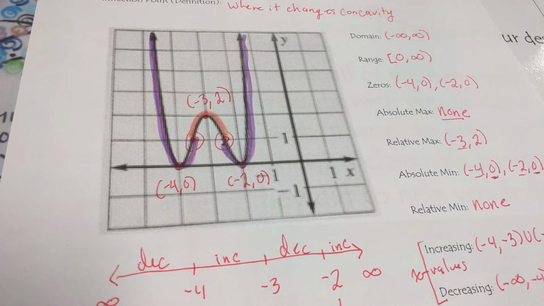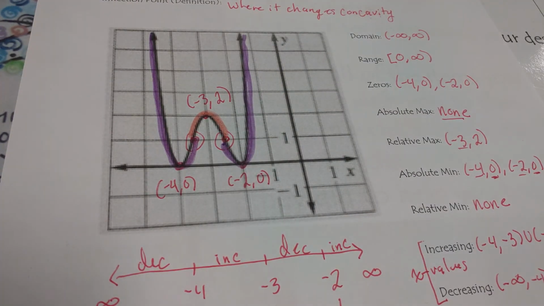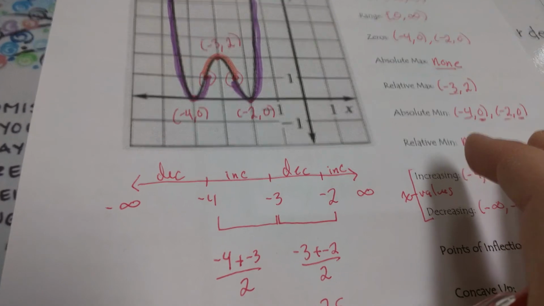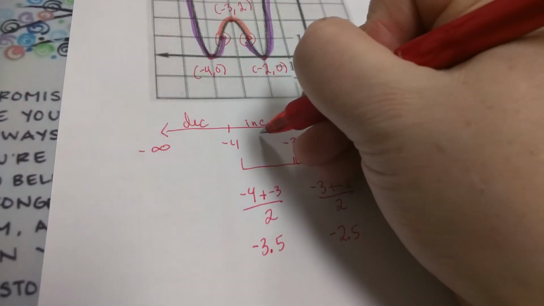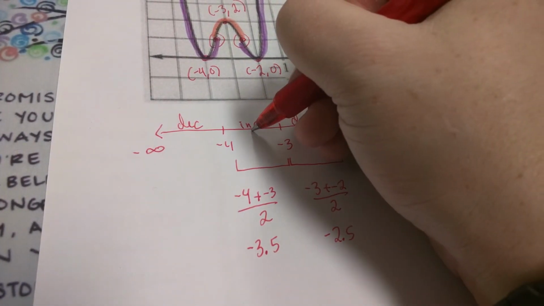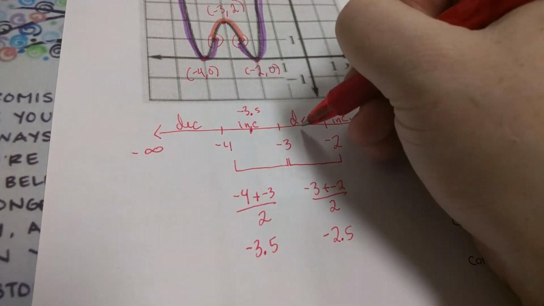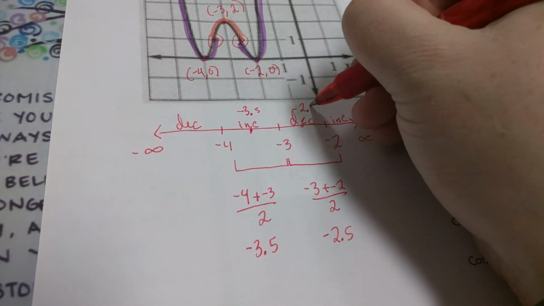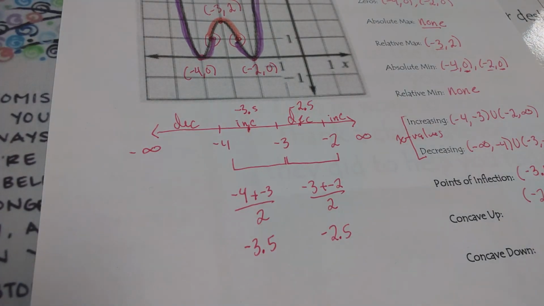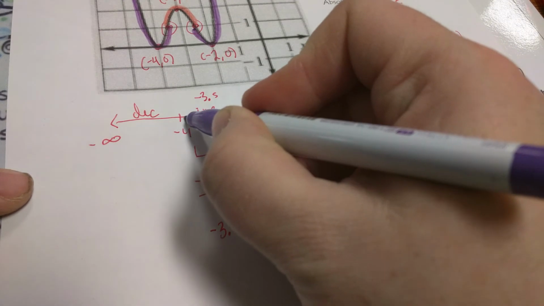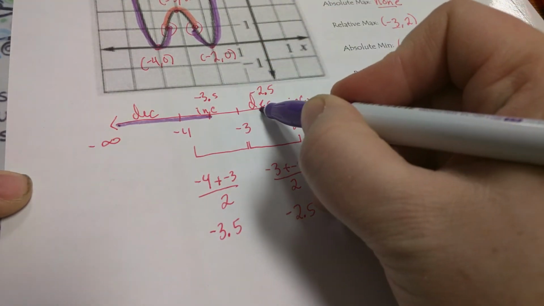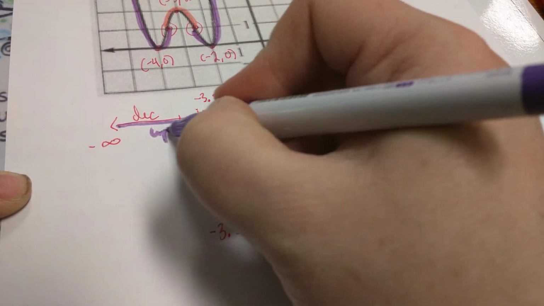Okay, so I'm going to write out those intervals just like I did for the increasing and the decreasing. So I'm going to put my numbers on top here, negative 3.5 and negative 2.5. And we are from here to here and here to here, concave up.